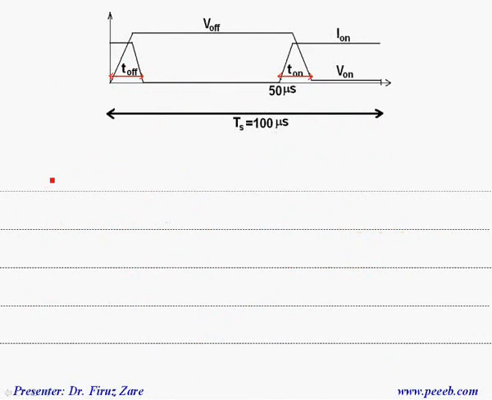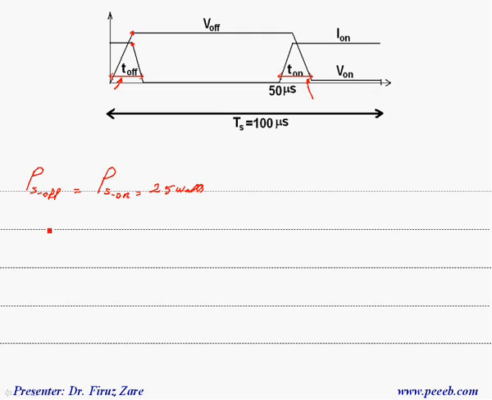Now we can find the switching loss for off state, which is basically same as switching loss for on state, because this switching time is same as this switching time. So the switching loss for T off time is 25 watt.